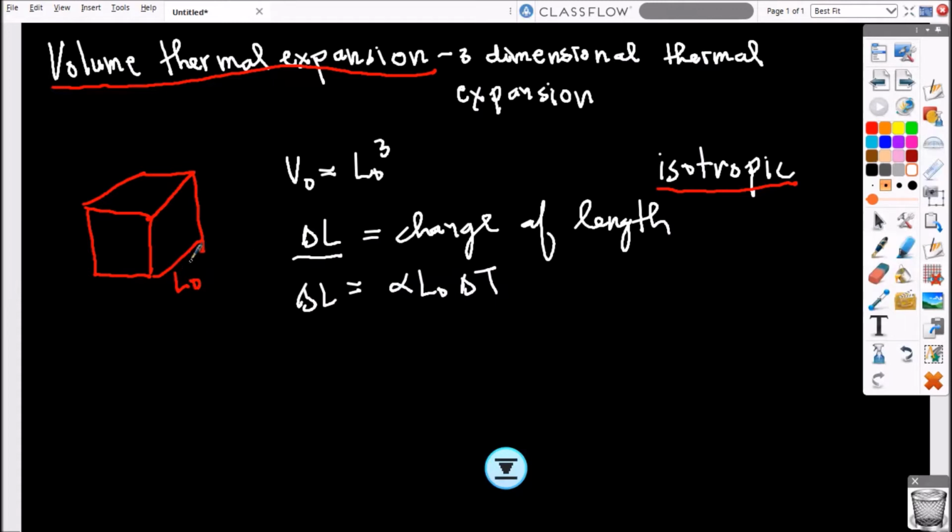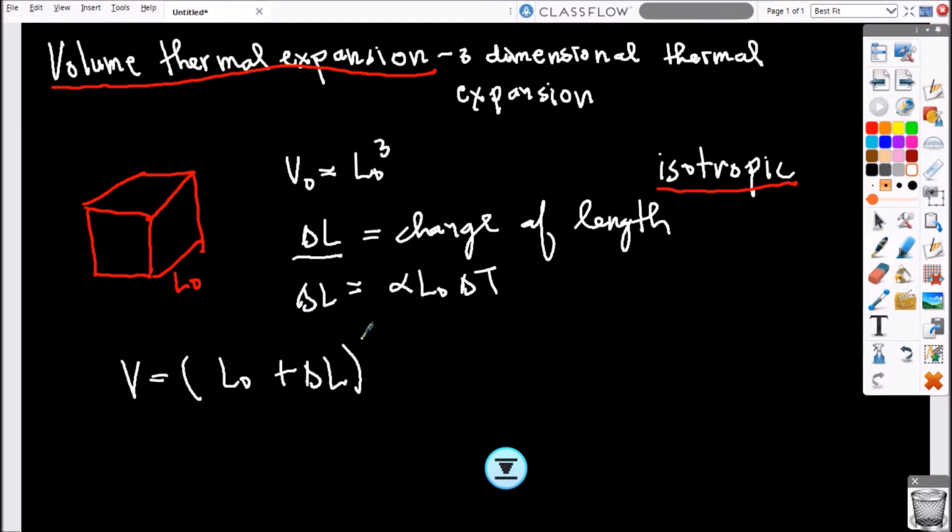Since initially the length of the edge is L of O, and after increasing the temperature there is delta L. So the final volume V will be the initial edge length L of O plus the change of length of the edge of this cube.